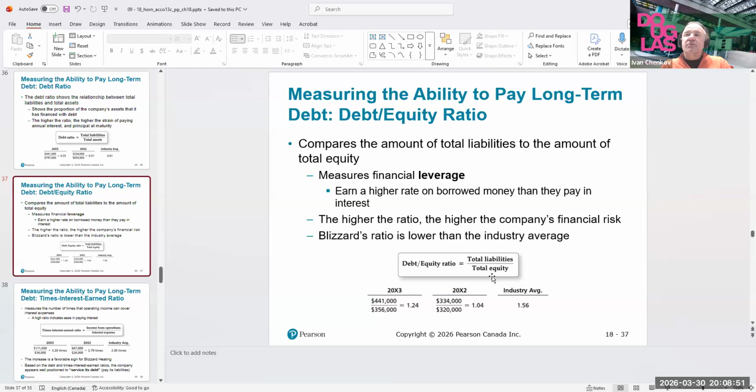Because you're chasing which one is 100%? Farnosh, which one is 100%? Asset. Do you understand why the total assets are in our denominator?